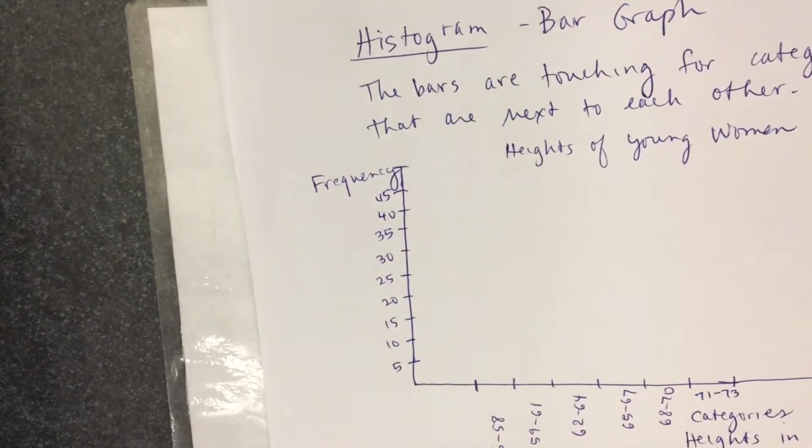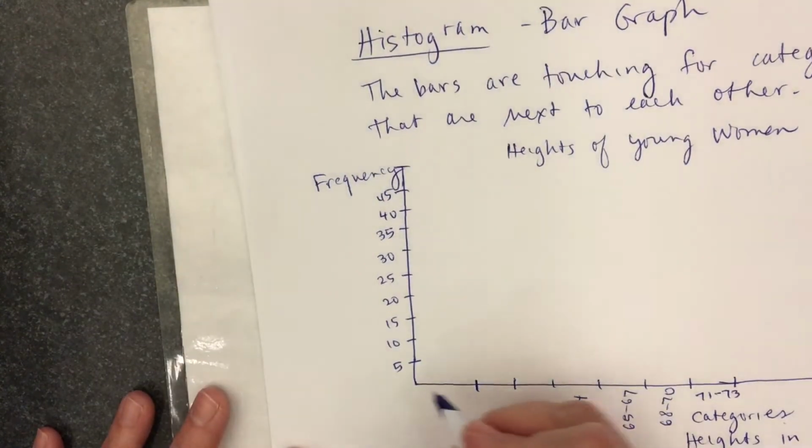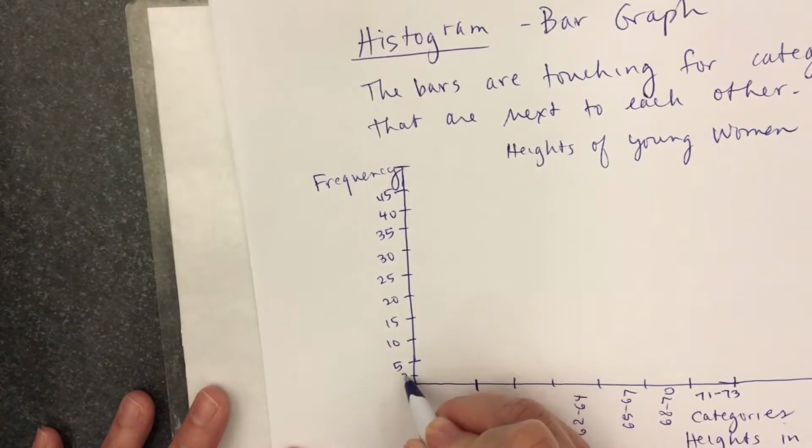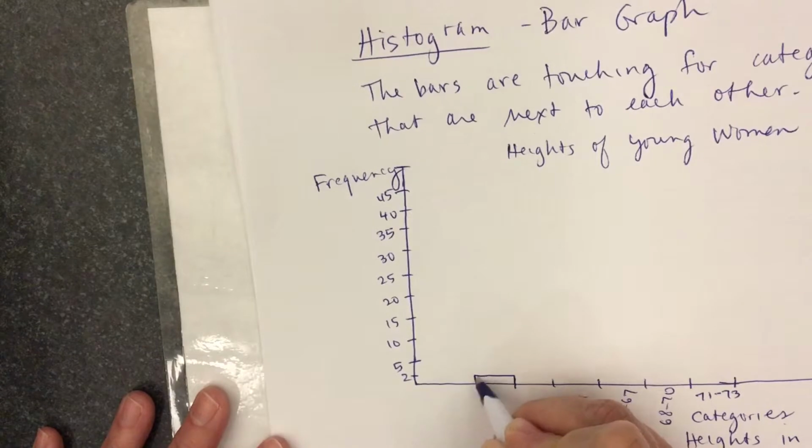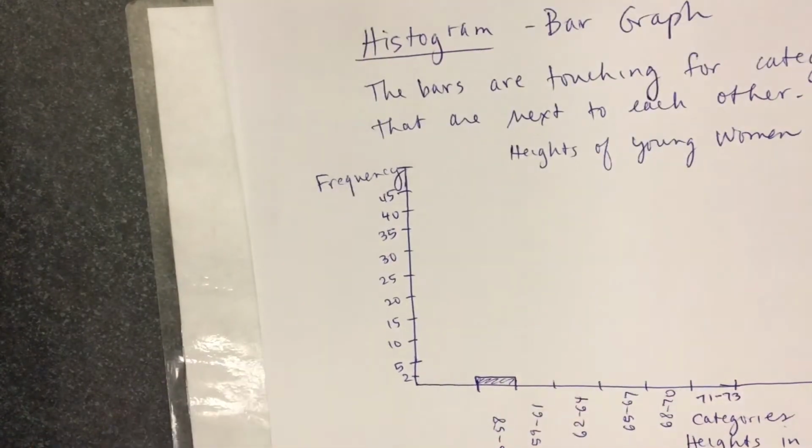The first bar, 2 people said 56 to 58. So I'll estimate where 2 is, and that bar will go up to a frequency of 2.